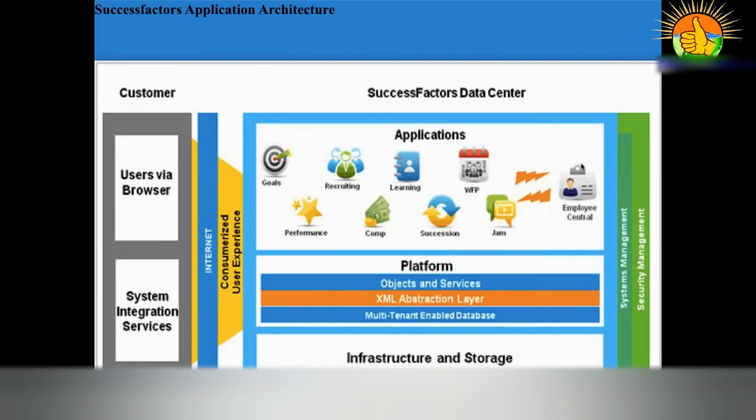These are the applications that we saw over the admin tool page. These applications are hosted on a platform which is an XML abstraction layer. Normally, SuccessFactors had already implemented their talent management solution using this XML. So even SAP, for implementing its Employee Central, uses the same XML abstraction layer structure over here. So it's all going to be in XML.